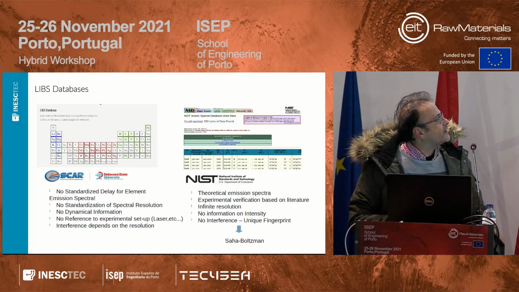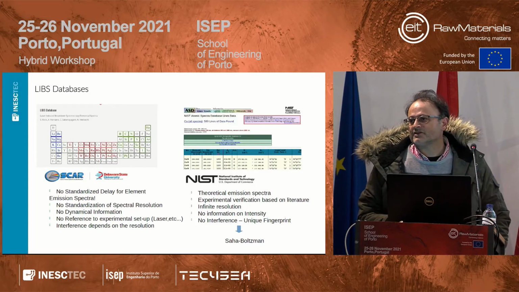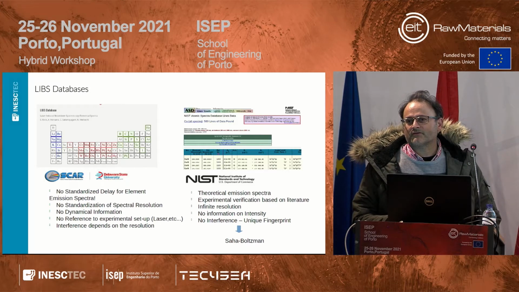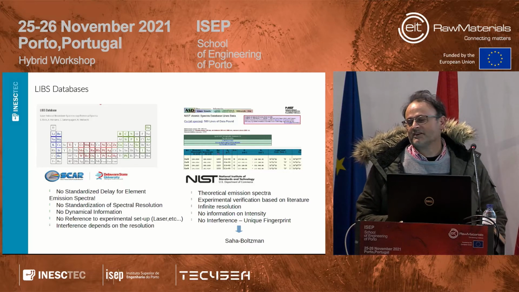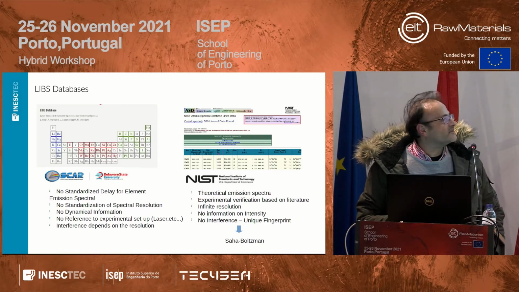You can also find, for different elements, some LIBS spectra for each element at other LIBS databases. But of course, if you change the conditions, all the observed spectra can change a lot, so you have to be careful using this. A word of caution here.